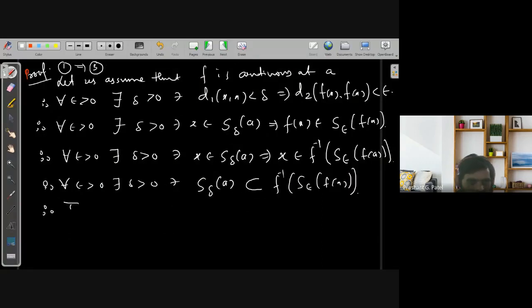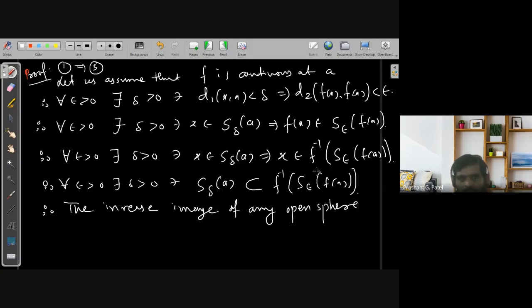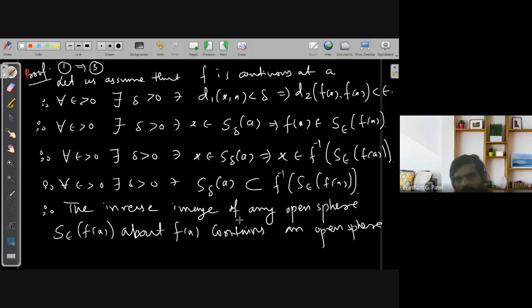So that means we can say that the inverse image of any open sphere, that is S epsilon of f of A, about f of A, contains an open sphere S delta of A about A. So that completes the 1 implies 3.